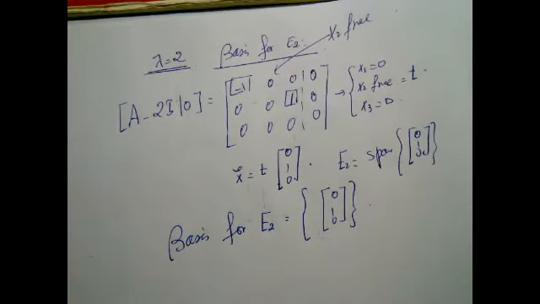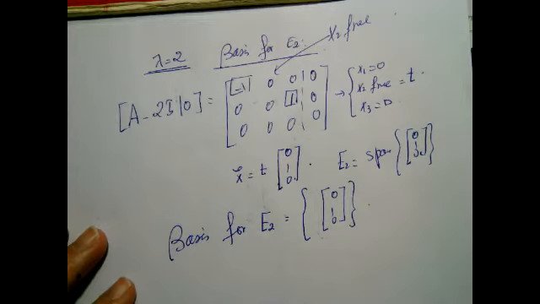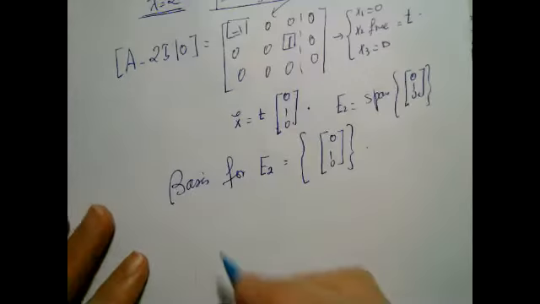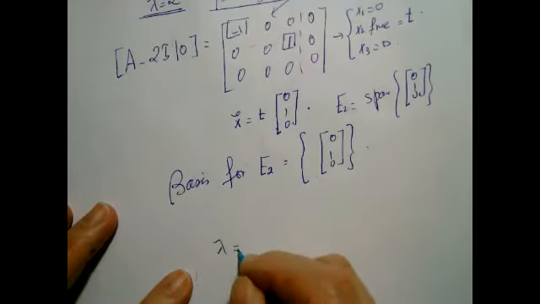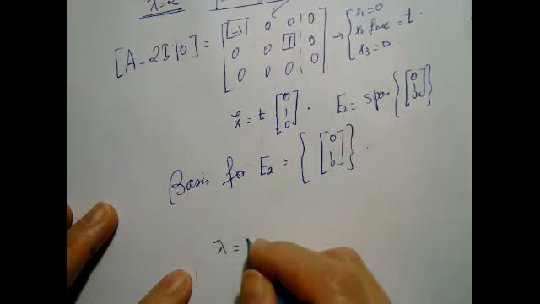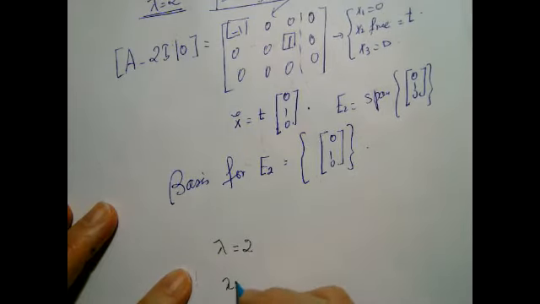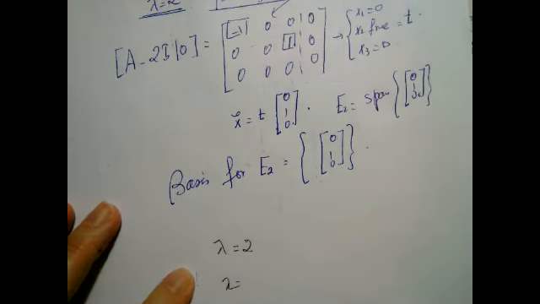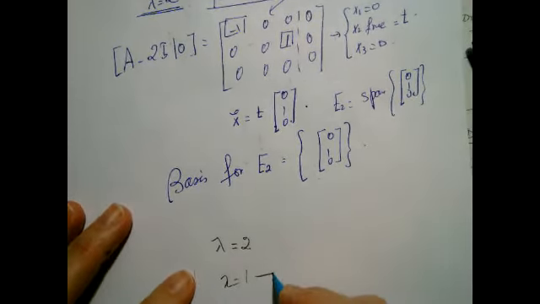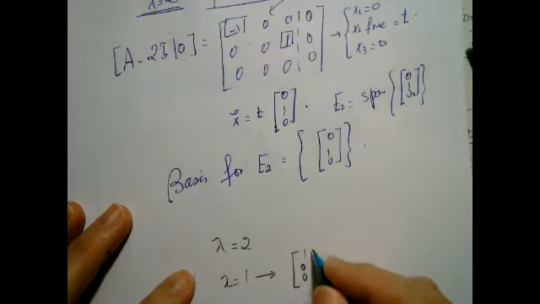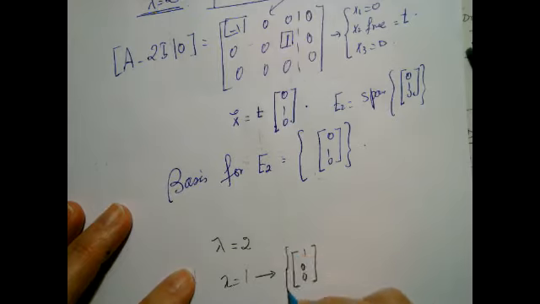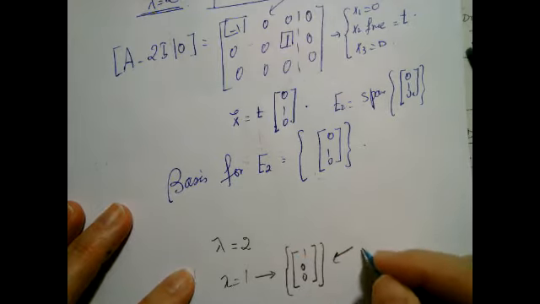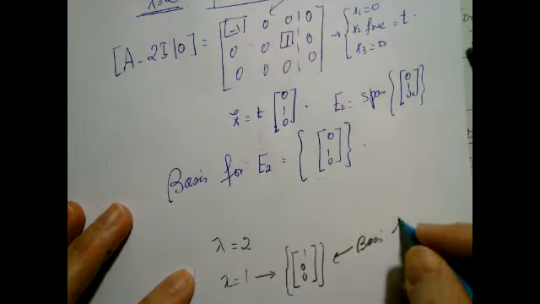So what's the picture for now? We had two eigenvalues, lambda equal to 2, and the other one was lambda equal to 1. For lambda equal to 1, the basis vector was 1, 0, 0. Every eigenvector is a scalar multiple of that.